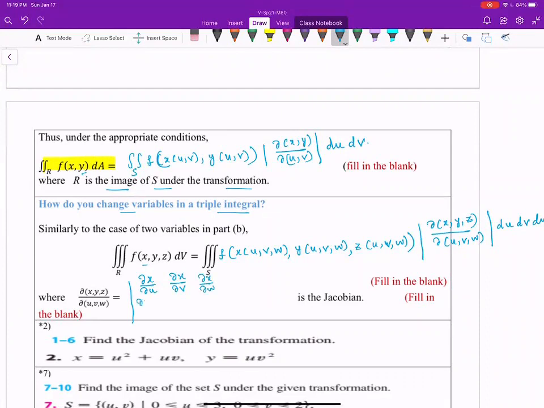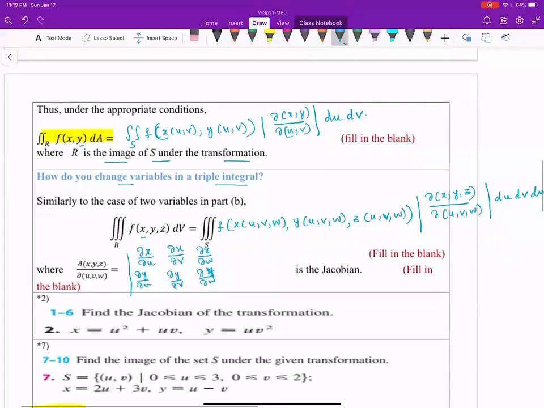Then same way, partial y with respect to u, partial y with respect to v, partial y with respect to w. Partial z with respect to u, partial z with respect to v, partial z with respect to w.